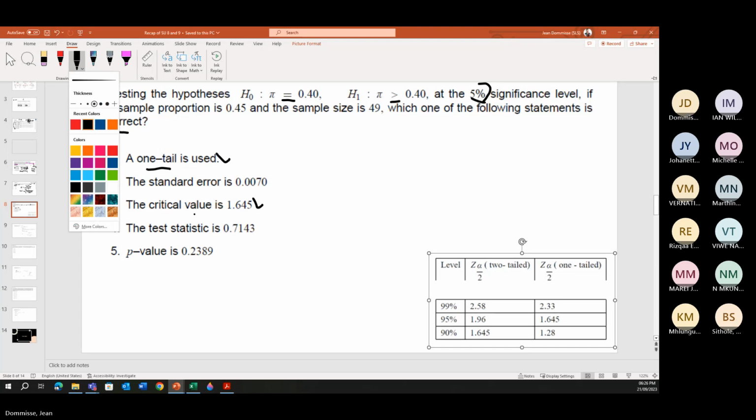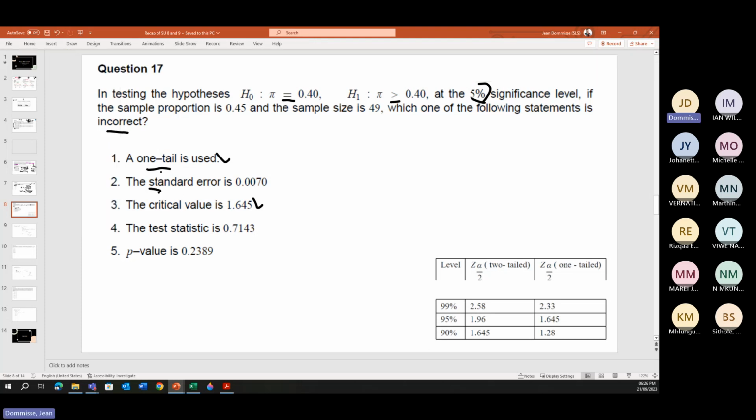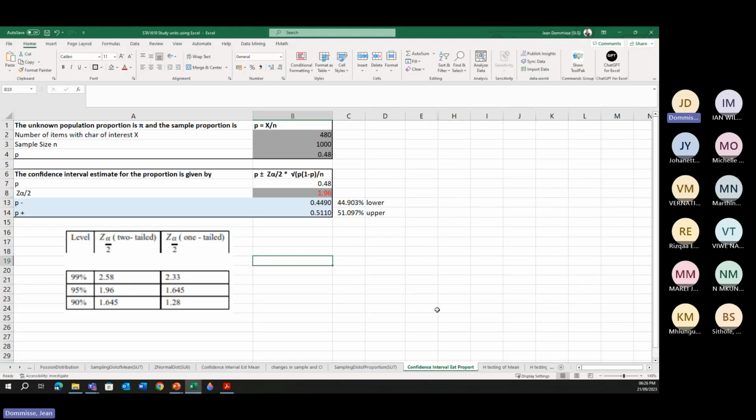That we'll do. Then they ask us to work out the test statistic. That we will also do, and we can see if we can use Excel, and when they ask us to work out the p-value. So let's first go to the spreadsheet and see what is in here.